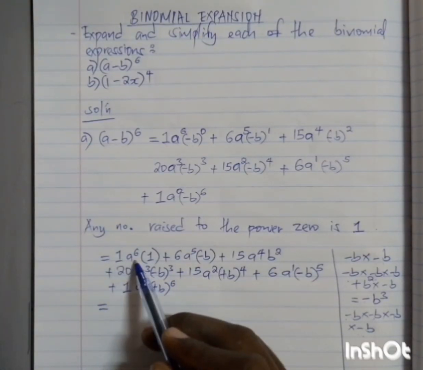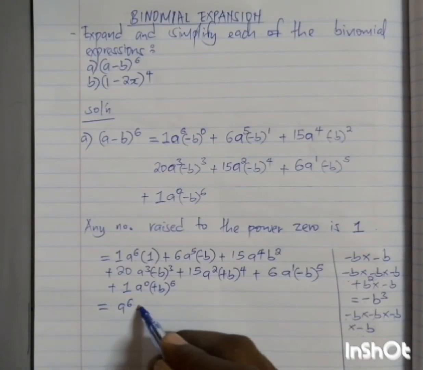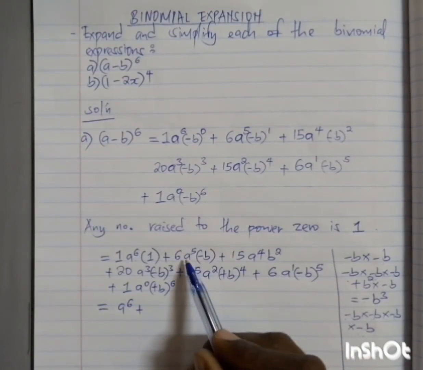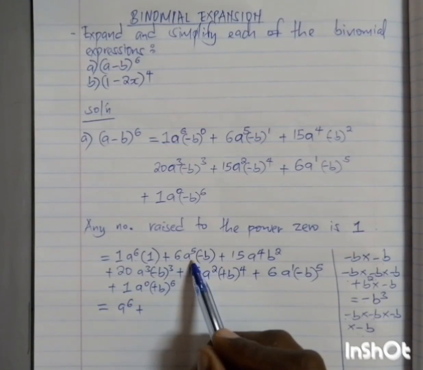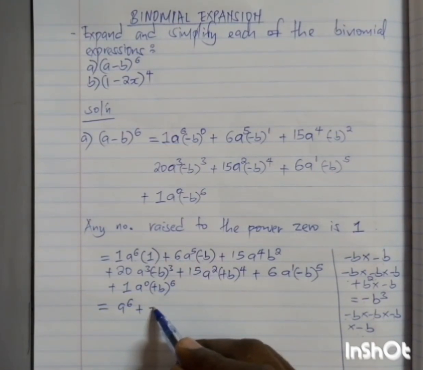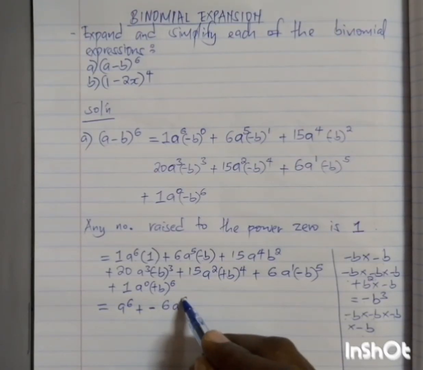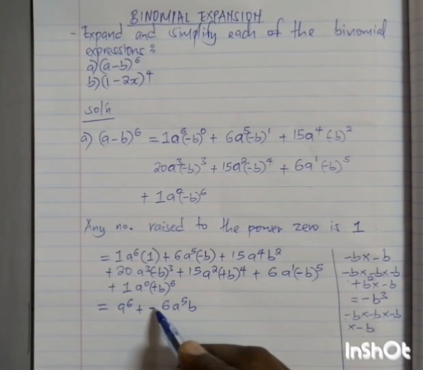1 multiplied by a to the power 6 multiplied by 1 is a to the power 6, plus 6 multiplied by a to the power 5 multiplied by negative b. This one will now be negative 6 a to the power 5 b.